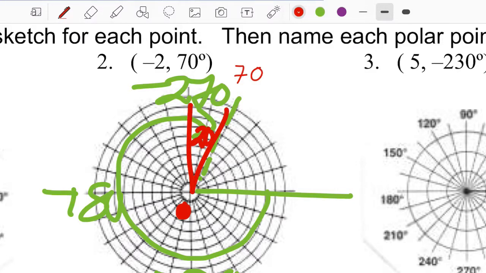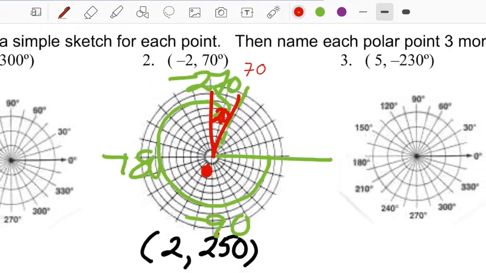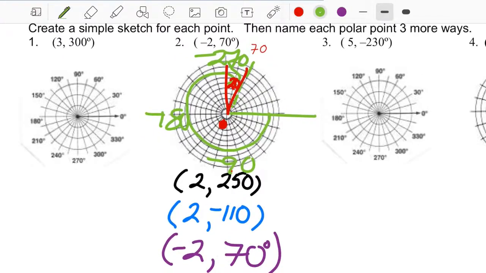So I went 20 degrees in the negative past 270, and that green angle then ends up being negative 290. Since I'm on the opposite side, I'm going to use a negative 2. All 4 of these colored points are going to take me to the same red point, which is the original point of negative 2, 70.